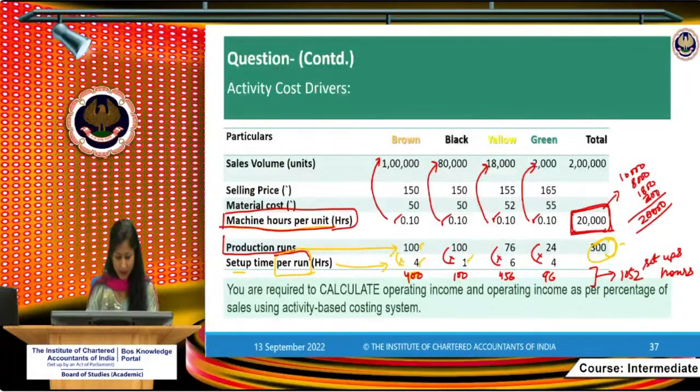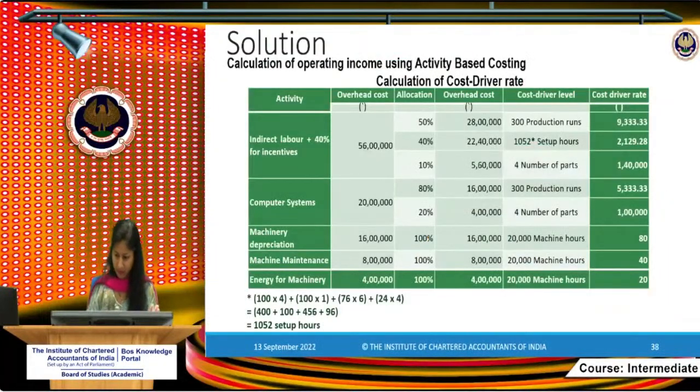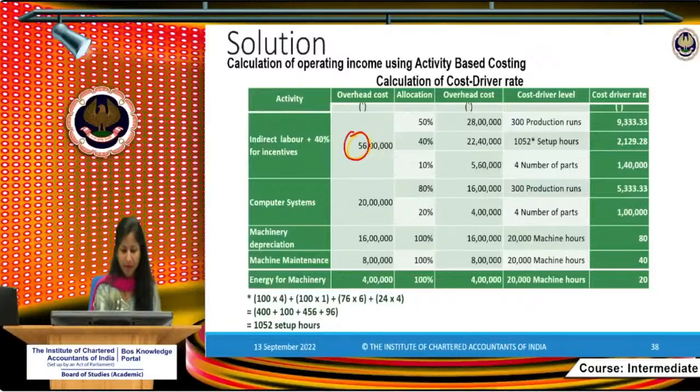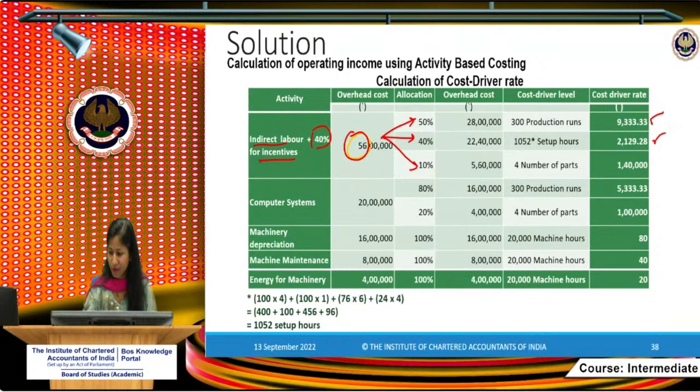Okay, this was the question. Look, here is the slide. We have already calculated this portion. 56 lakh was there: indirect labor plus 40% for incentive. 50%, 40%. We have already calculated all these: 9,333, 2,129, 1,40,000.